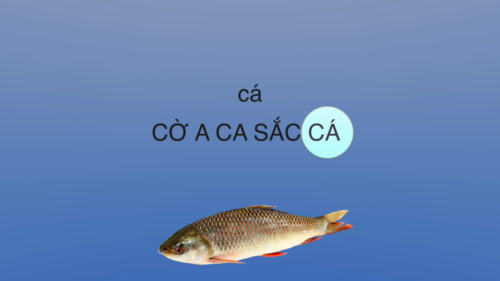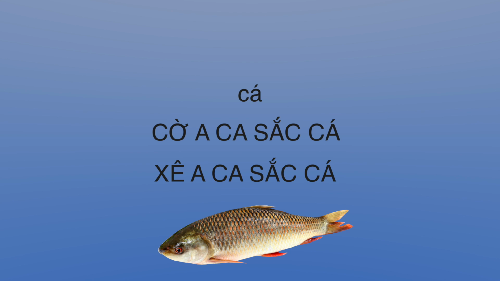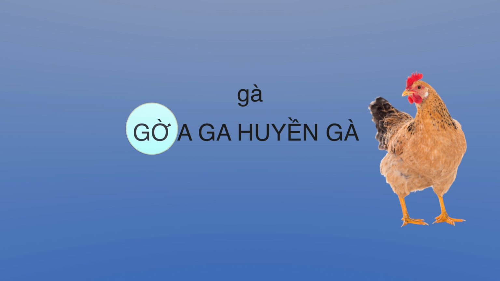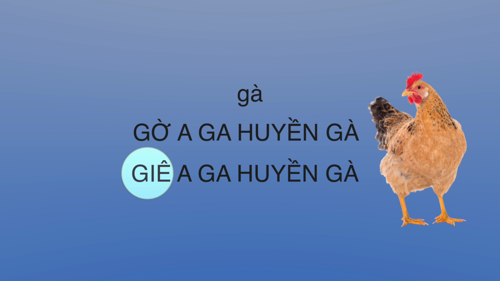And then we have cá, as opposed to C, A, Ca, sắc cá, with C being the correct name of the letter. Or the word gà, chicken: G, A, ga, huyền, gà, rather than J, A, ga, huyền, gà.